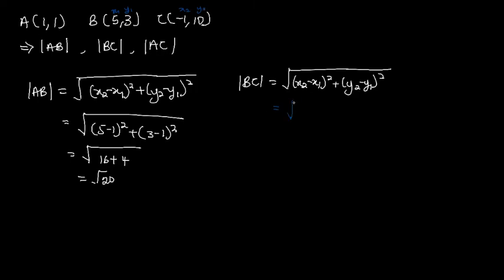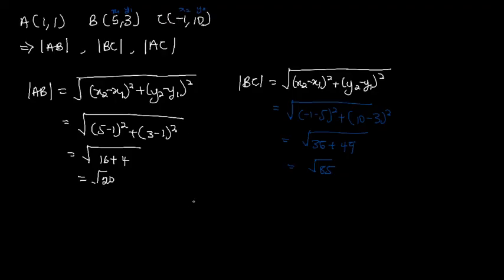So this will be equal to, my x2 is -1 minus my x1 is 5. I square that, plus my y2 is 10 minus my y1, which is 3, all squared. So if I compute everything here into the calculator, -1 minus 5 will give me -6, -6 squared will give me 36, plus 10 minus 3 will give me 7, 7 squared will give me 49, and then 36 plus 49 will give me the root of 85.